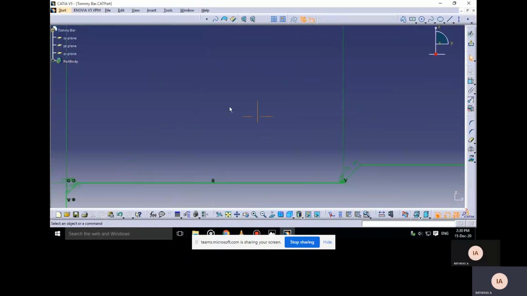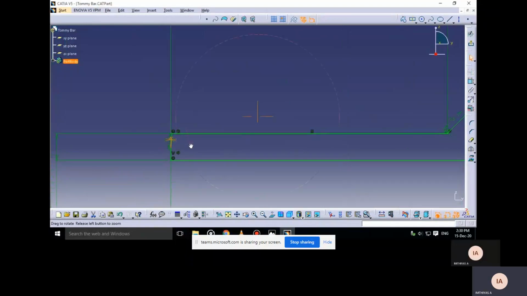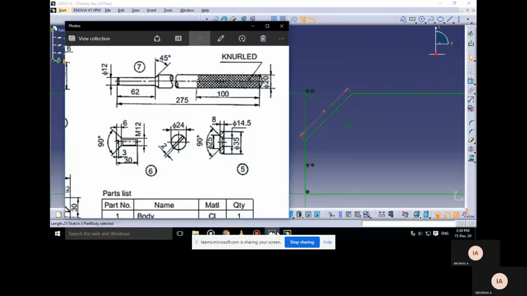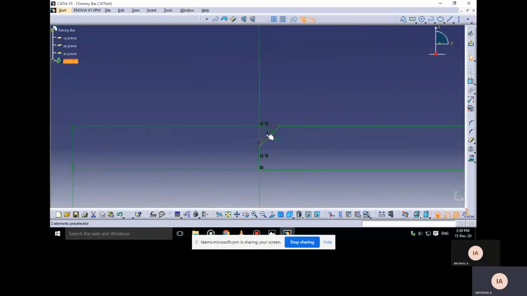There is a chamfer at this end and a semicircle at the last end that we have to make. Angle is 45 and a 4 mm chamfer, and the diameter is 20. Then a semicircle of 10 has to be made at the other end.